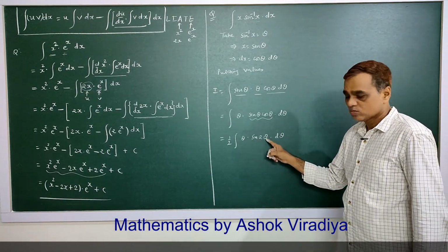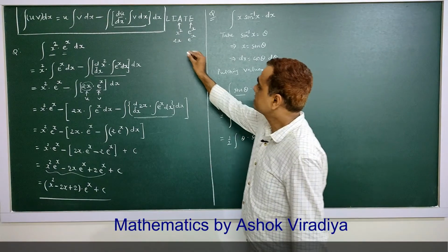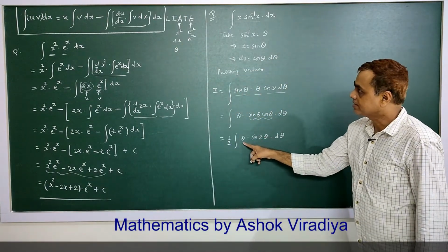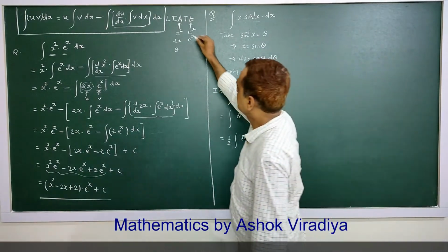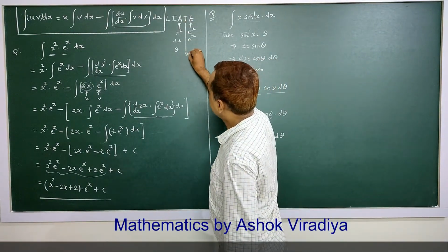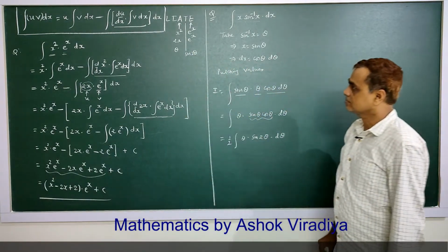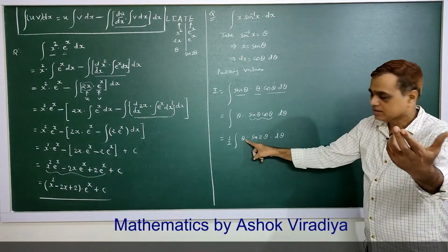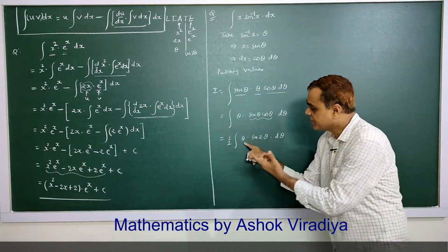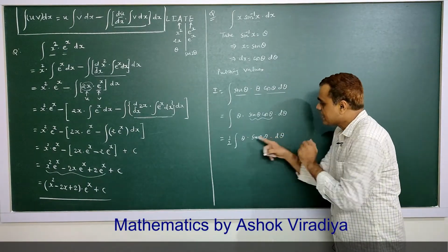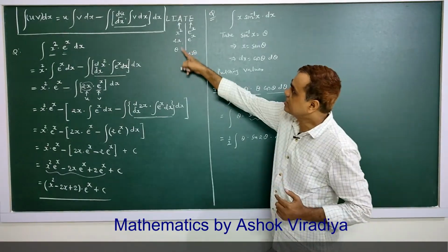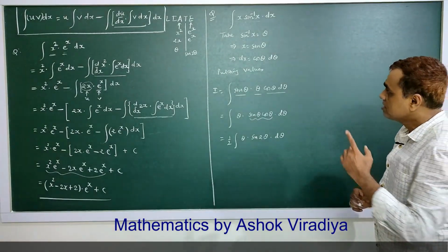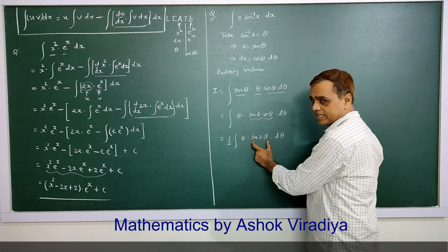Now look, theta is an algebraic term. This is trigonometric: sine 2 theta. So theta is in the group of algebraic, like x. Doing with respect to theta, theta is algebraic. If you do with respect to x, x is algebraic. So theta is algebraic, sine 2 theta is trigonometric. So this is u, this is v.